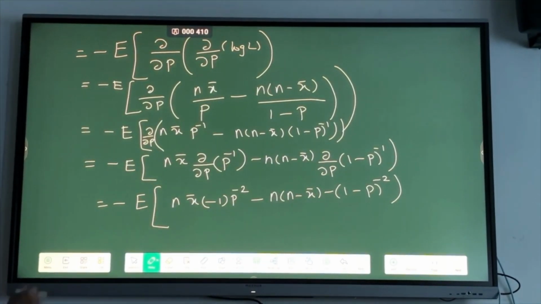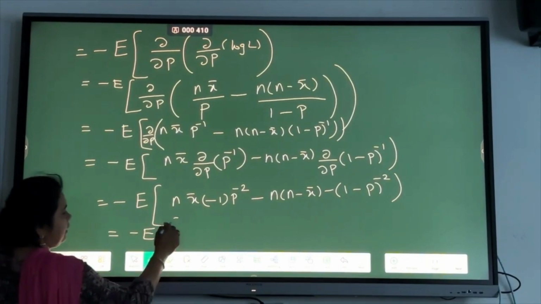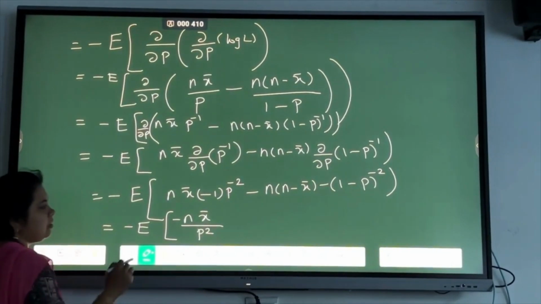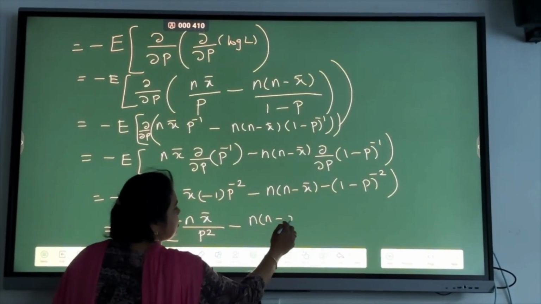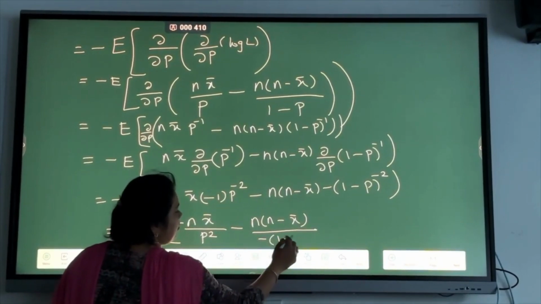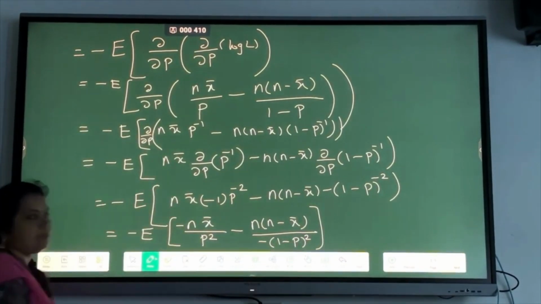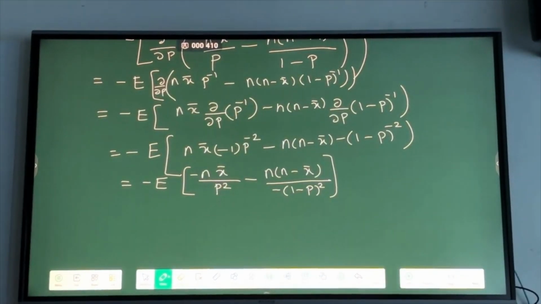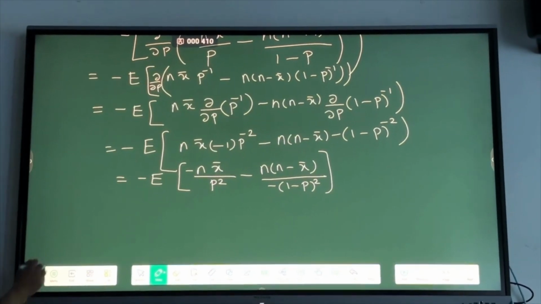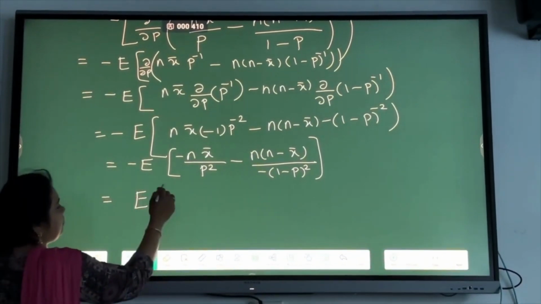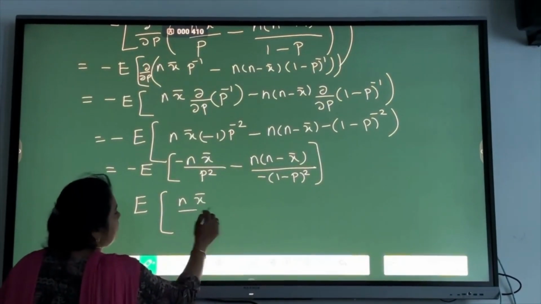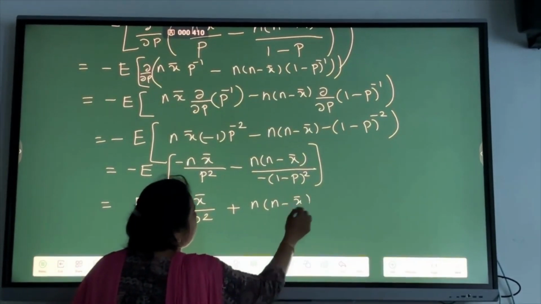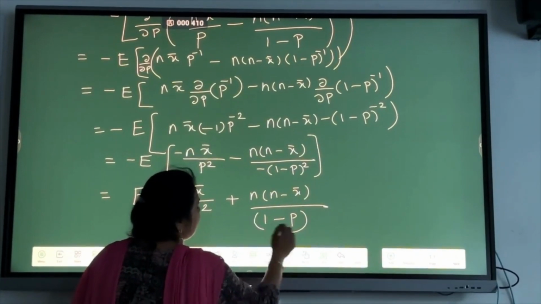So we will write it down neatly with respect to the formula: n x bar by P square minus n into n minus x bar by minus 1 minus P square. So you will get it like this, which we can rewrite as capital E multiplied by minus inside, n x bar by P square plus n into n minus x bar by 1 minus P square.